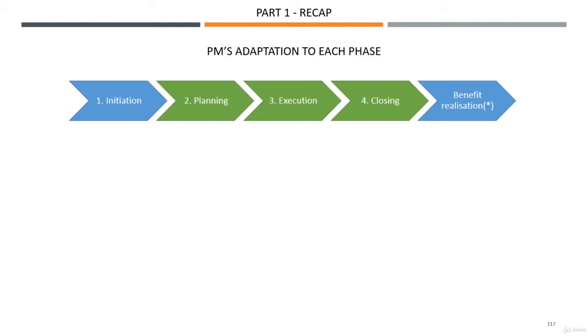So for that reason, the project manager needs to be able to anticipate. And when you look across the 4 phases, in initiation this is when I feel the project manager needs to have the most foresight. He or she needs to be able to have a look with little information and little time.